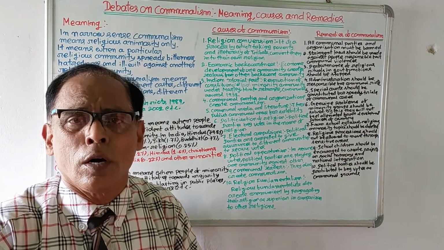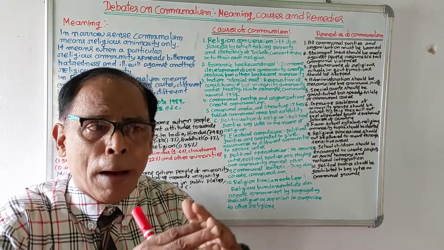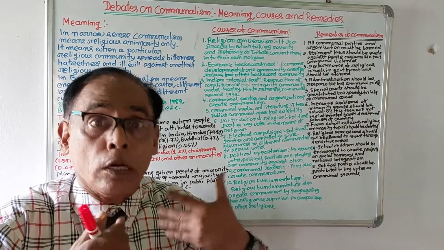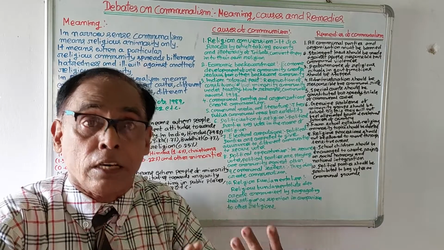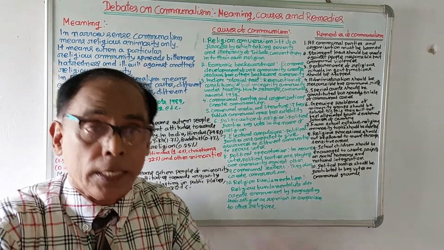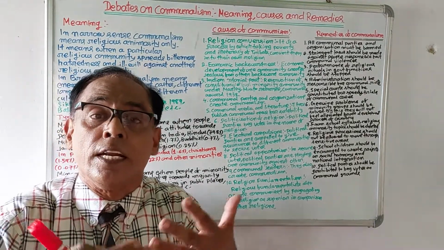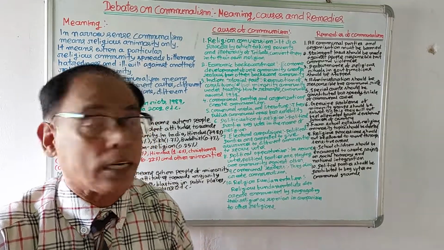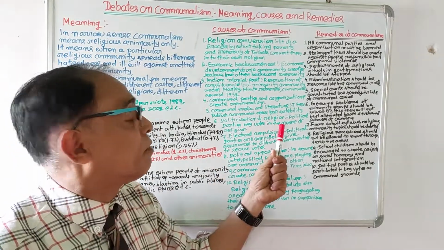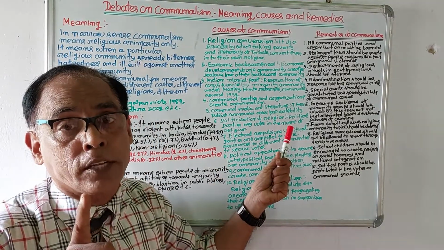They assure people of minority groups that if they come to power, they will reserve seats for them, they will give money for the construction of their religious shrines, etc. So politicization of religion is another cause for the growth of communalism.